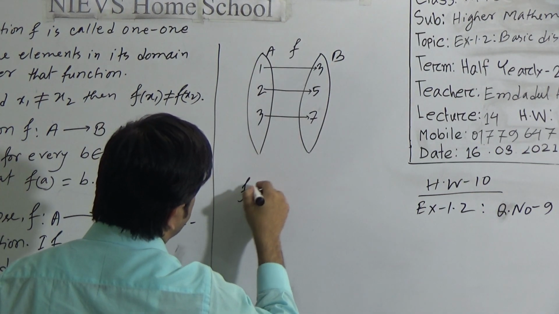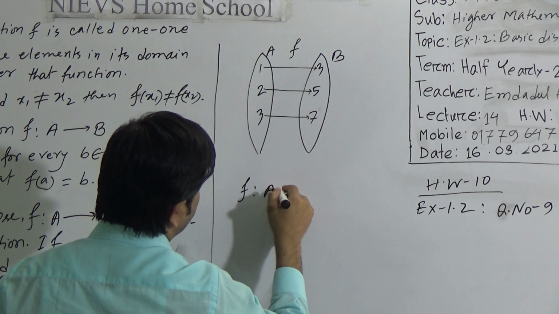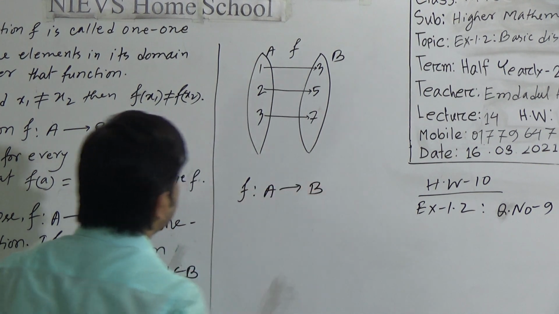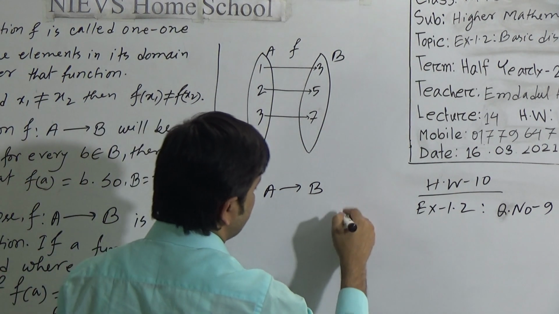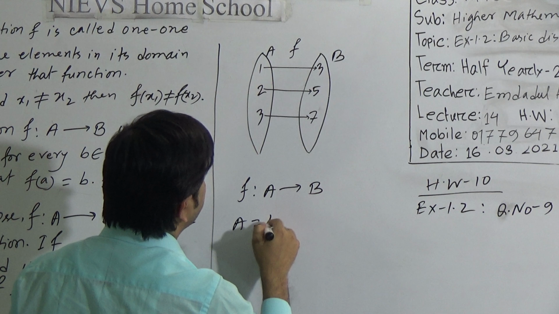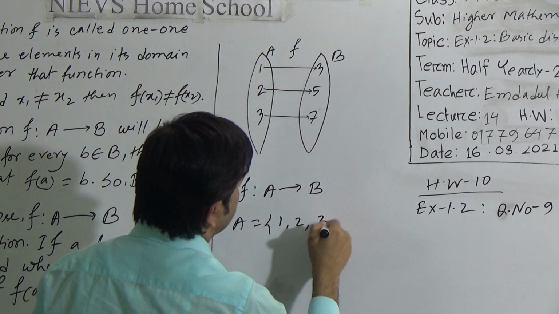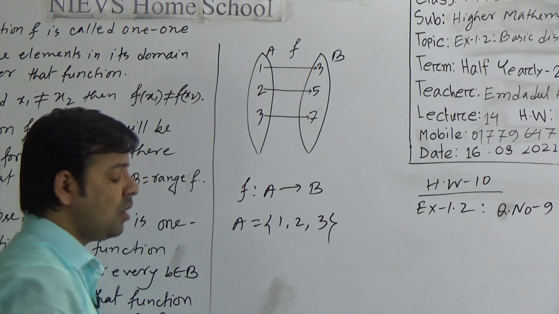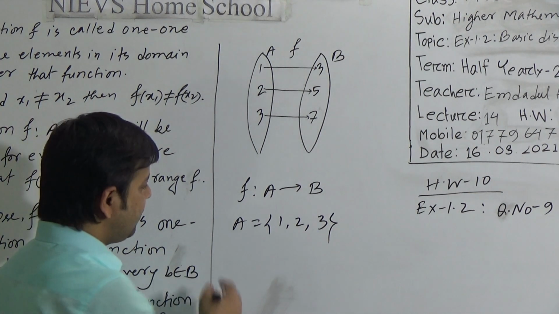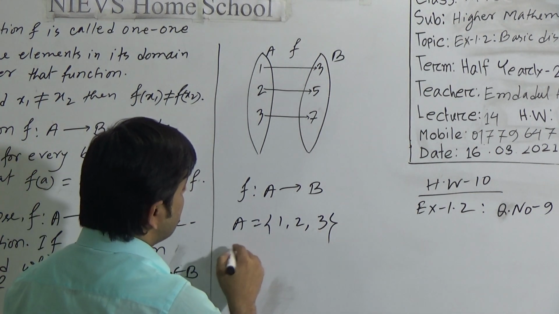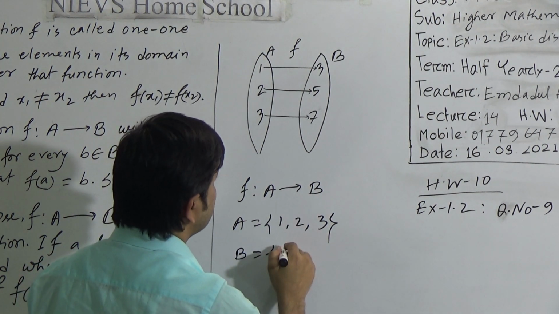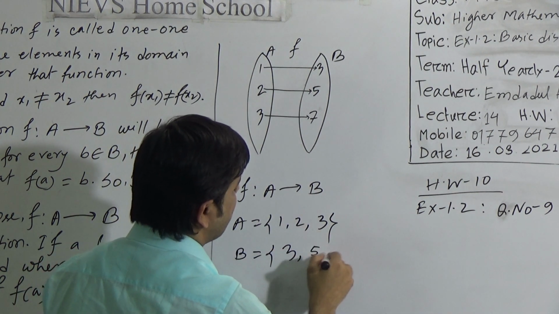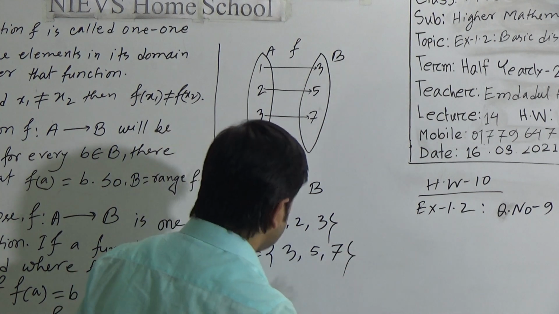So f is a function from A to B. The elements of A are 1, 2, 3. These are the domain of f. Now the elements of B are 3, 5, 7.